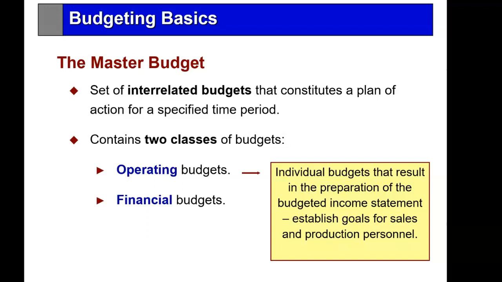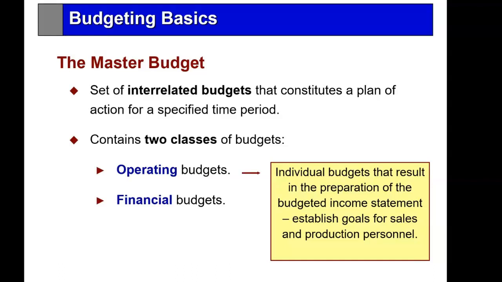At the end of 2021, if everything went according to our master budget, the master budget and the budgeted income statement would be very similar. Here's your sales, here's your cost of goods sold, here's your gross profit, here are your operating expenses. Here's your net income. That's the operating budget.